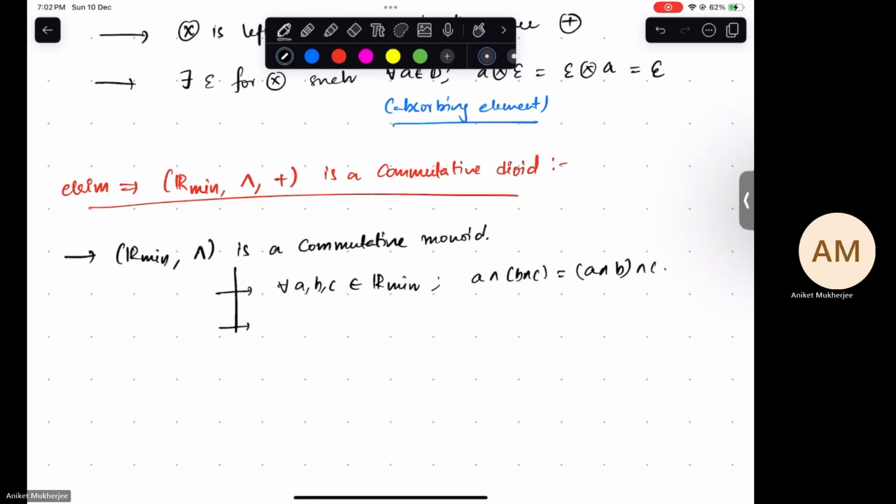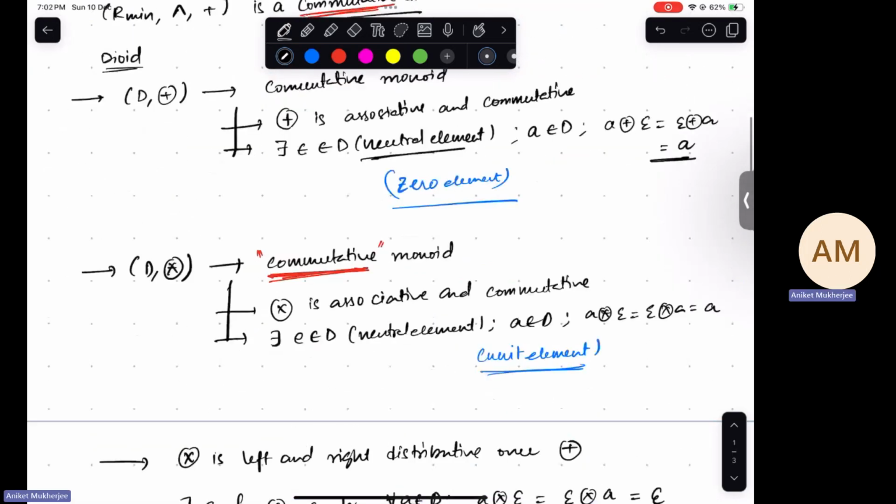Similarly, I need to show that there exists a neutral element, right?